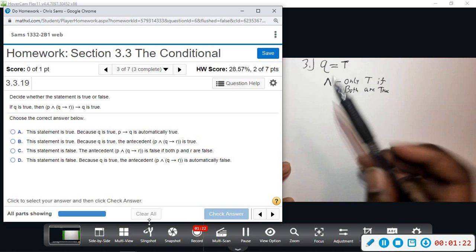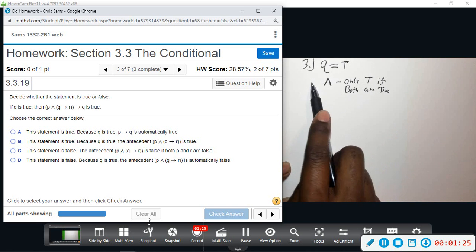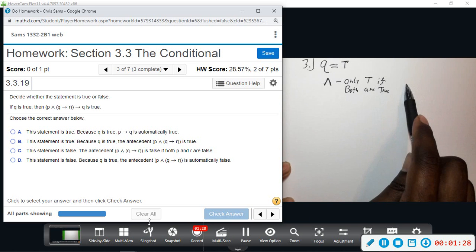So if you see this symbol "and," whatever comes in front and whatever comes behind it has to be true for the statement to be true.